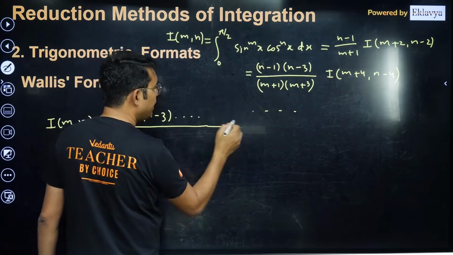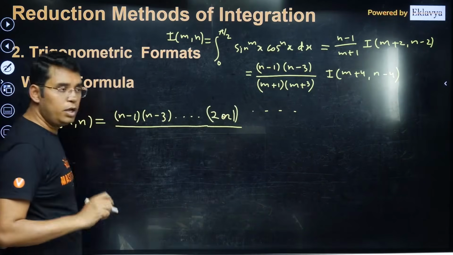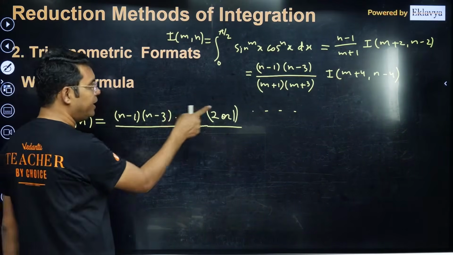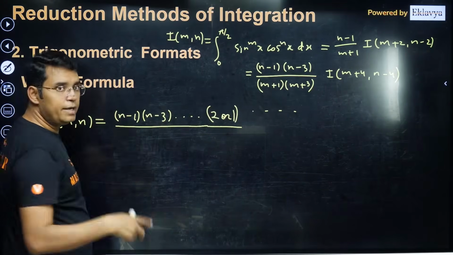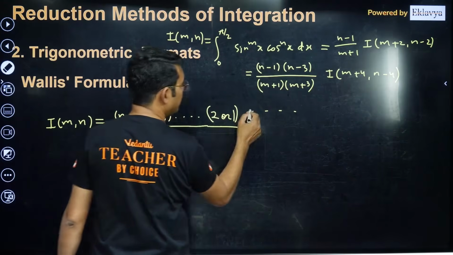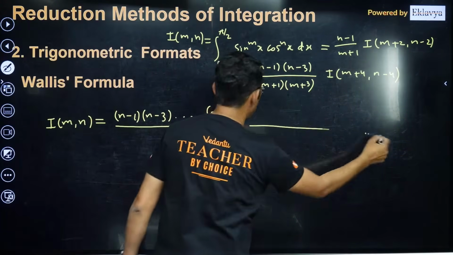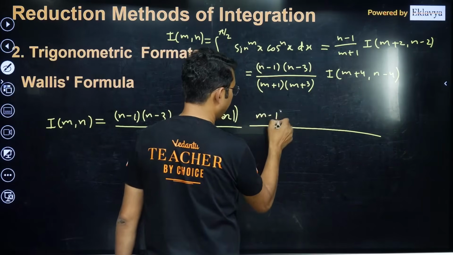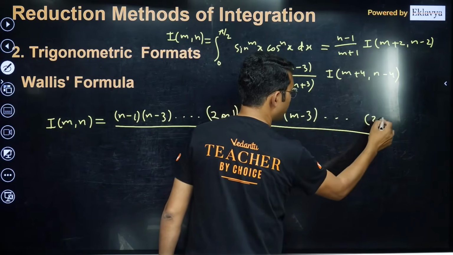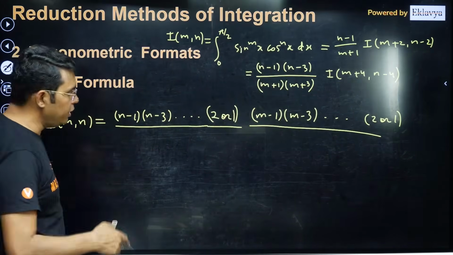This will end at either 2 or 1, depending upon whether n is even or odd. For even it will end at 1, if it is odd it will end at 2. A similar bracket will be there for m also. So here we will have m minus 1, m minus 3, and so on. This will also end at either 2 or 1, depending upon whether m is odd or even.